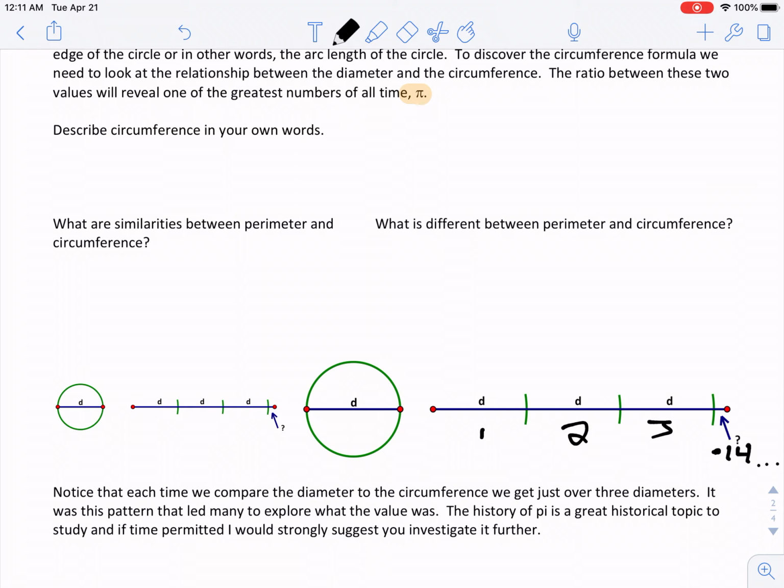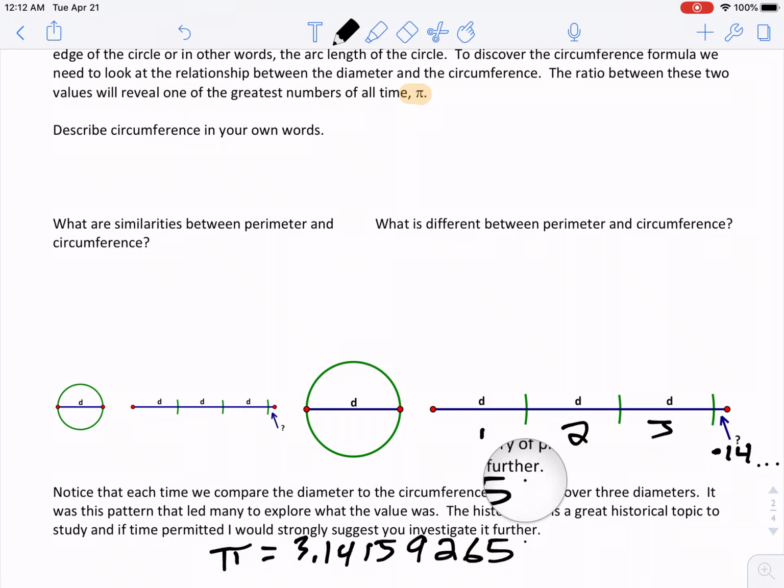All right, that number is how we get pi. Pi, which is 3.14159265. Your calculator would generally round this last digit up to a 6, but it's really a 5.